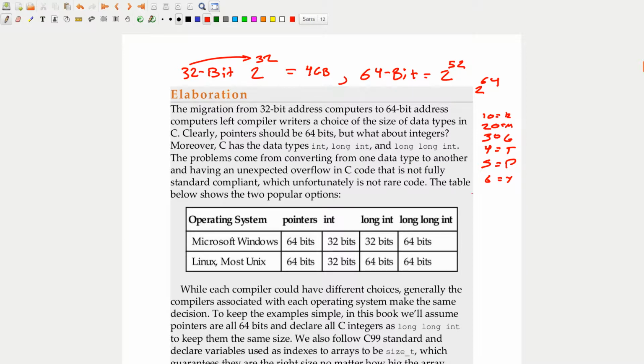That would give us 16 yottabytes of an address range. No one needs that. No one needs that, so they limit it to like 2 to the 52 or 2 to the 54.